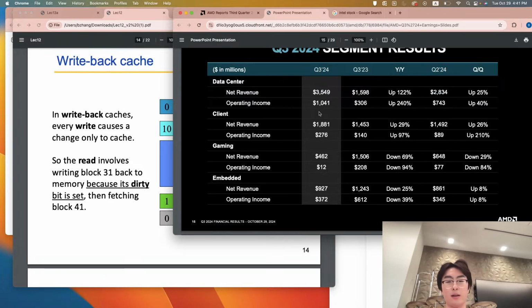Right now, I think if you look at Intel's data center revenues, it's actually around the same, maybe slightly less.